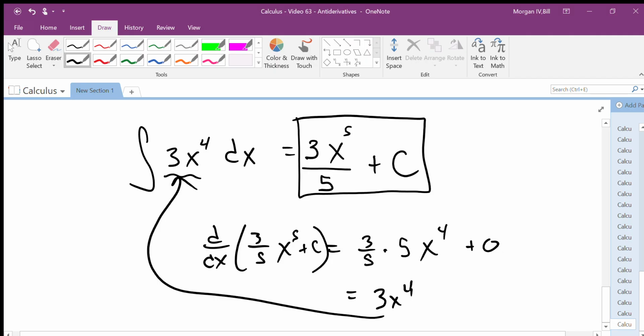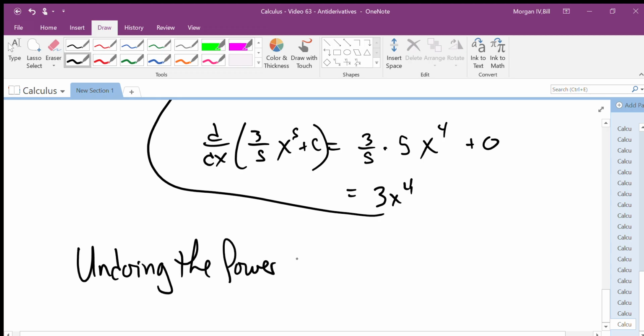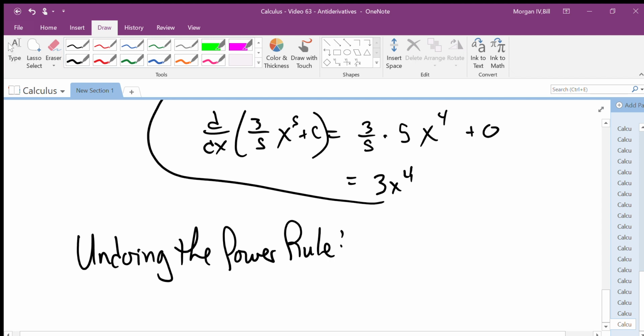Okay, so to do the antiderivative, we take the exponent, we add 1 to it, and then we divide by whatever that new exponent is. So, undoing the power rule.